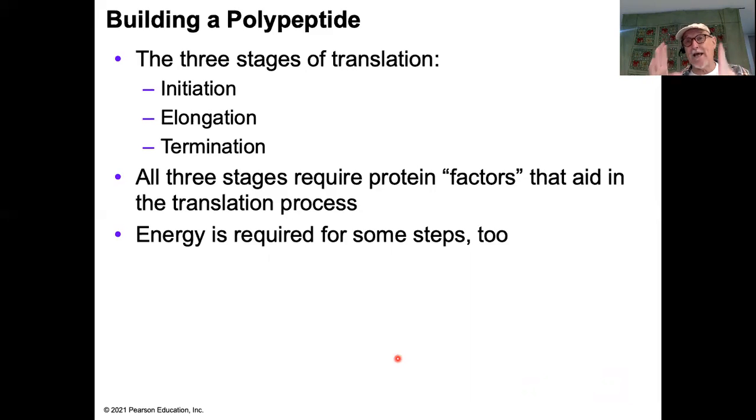And then this is going to end. It's going to be terminated when the ribosome encounters a stop codon. At each stage, ribosomal RNA is performing many of the catalytic functions that are required, but there are also other proteins, other enzymes that come in, which we won't talk about in any detail.